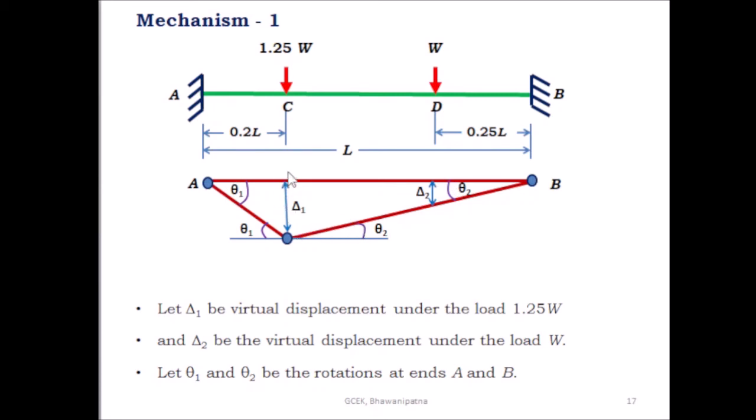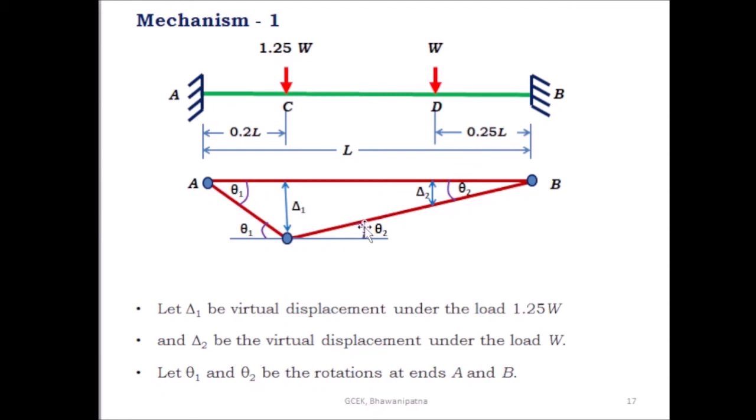Delta 1 is the virtual displacement under the load 1.25 W, and delta 2 is the virtual displacement under the load W. So if this is theta 1, this angle is also theta 1, and if this is theta 2, this angle is also theta 2.